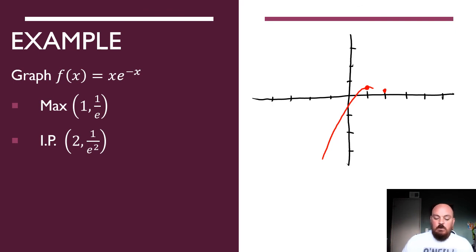What that's going to look like, it's going to be concave down until it gets to that point. So there's your bowl shape down right there. But then it twists and then it's concave up. And the reason for that is because it's actually going to flatten out and give you an asymptote right there. So this is what our graph could look like. This is what we get from our sketch.